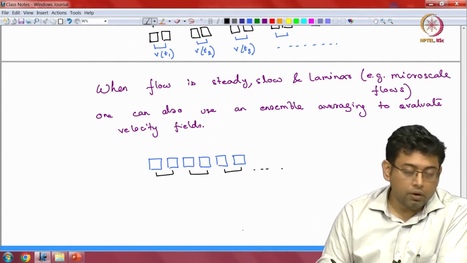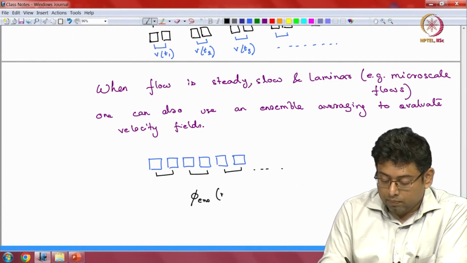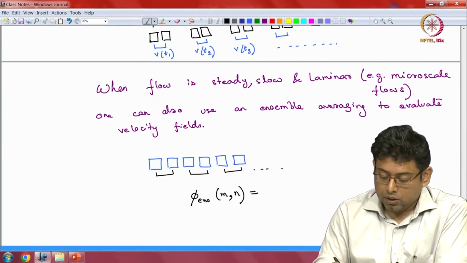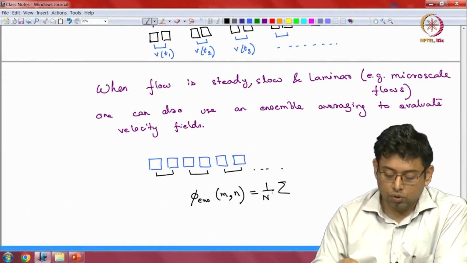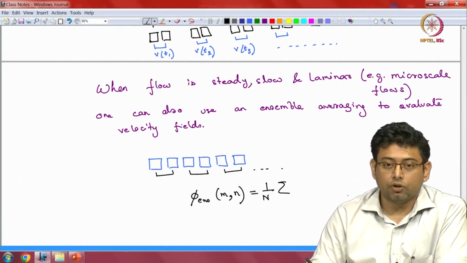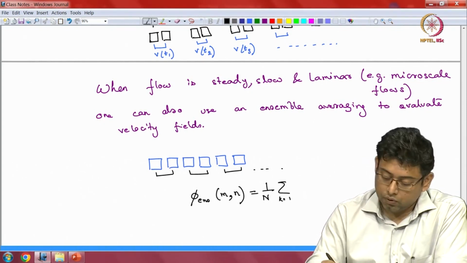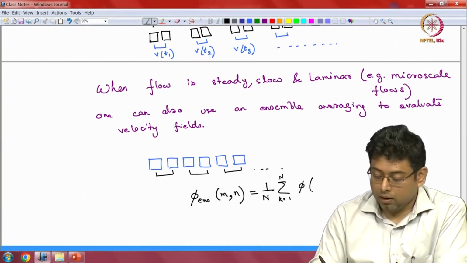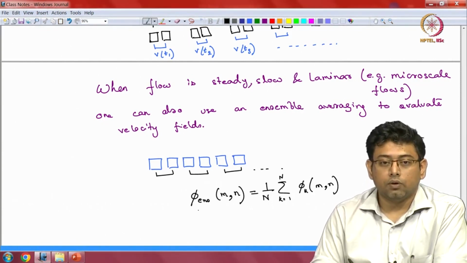Okay. And you can now define an ensemble averaged correlation peak, which is going to be equal to some average, so some 1 by n, where you choose the number of image pairs that you're going to average over, and here it can be some dummy variable k which goes from 1 to n, and this is phi k. So phi is the correlation quantity.